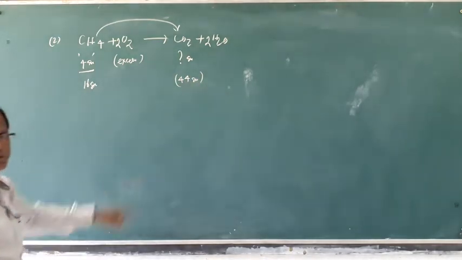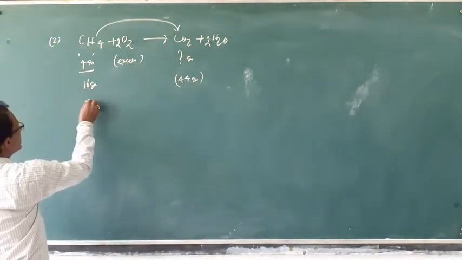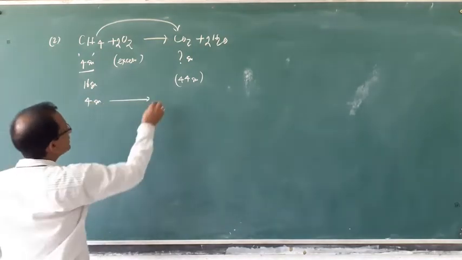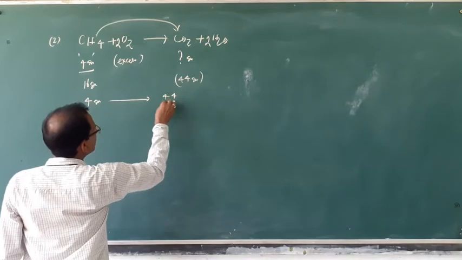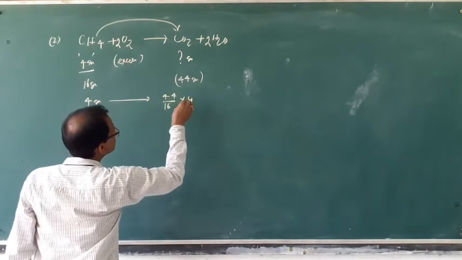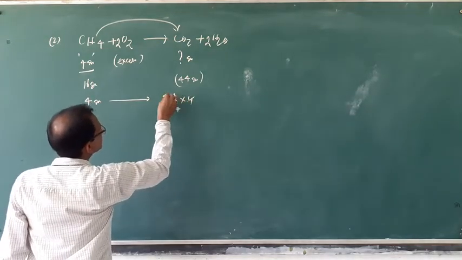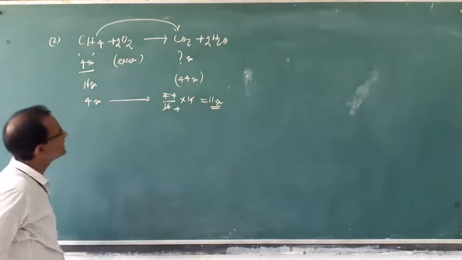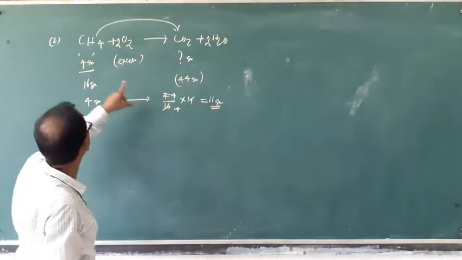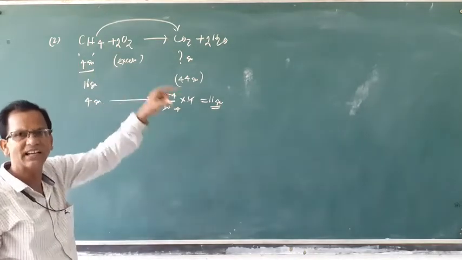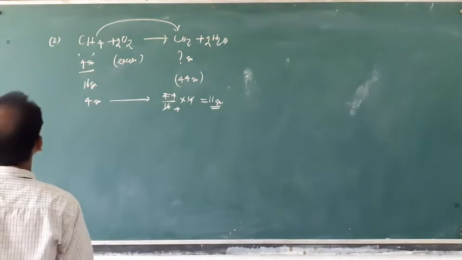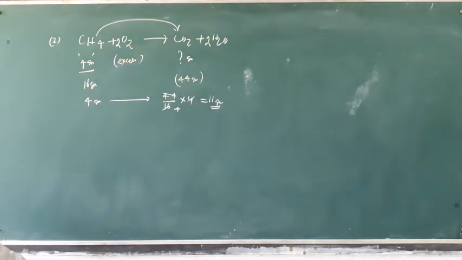So 4 gram will be how much? 4 gram will be 44 upon 16 into 4. That is 11 gram. So 11 gram CO2 will be formed by burning 4 gram methane in excess oxygen. So this is one type of stoichiometric calculation.